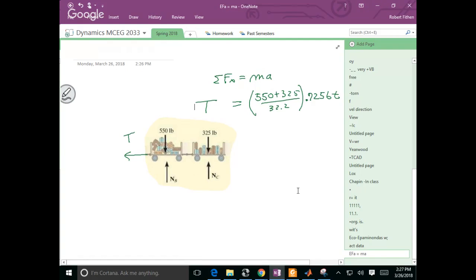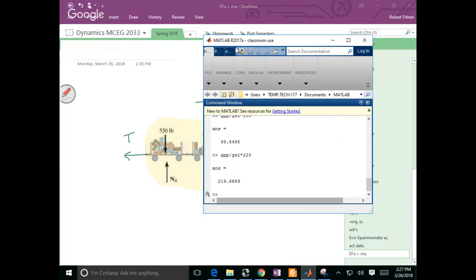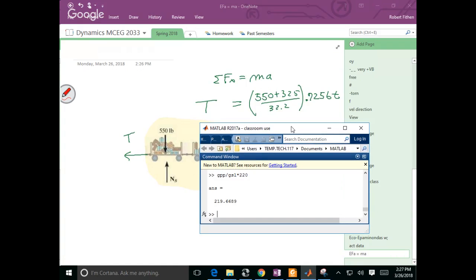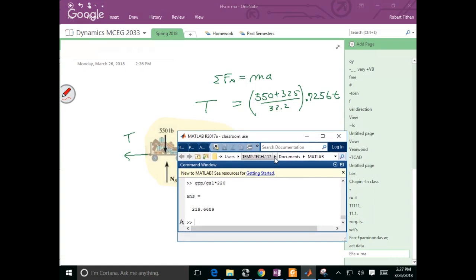So let's see if I get the same thing. Oh, and it's at 2 seconds, right? Okay, so I might be able to do this, but it might be above my pay grade. Okay. Clear the screen.